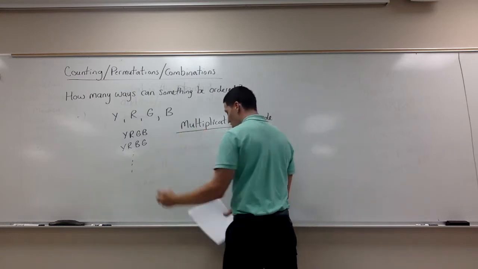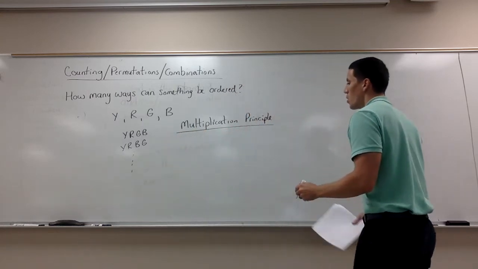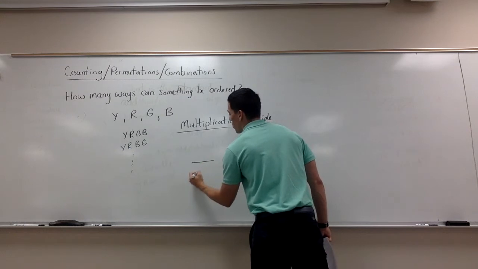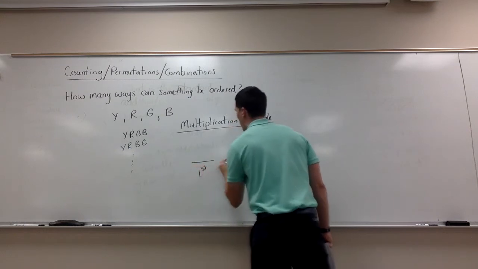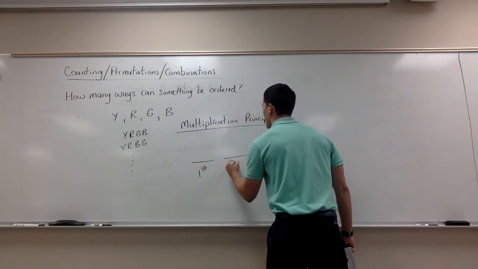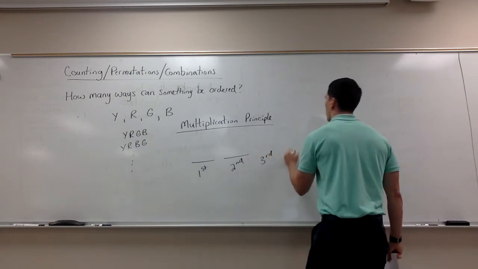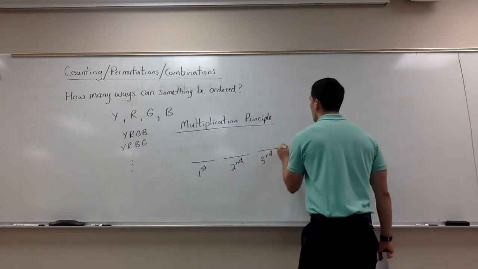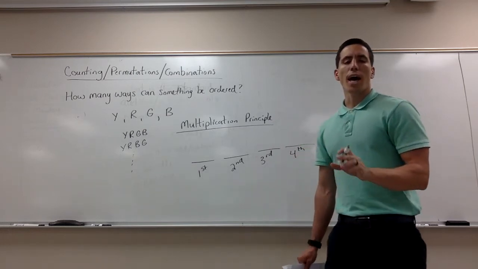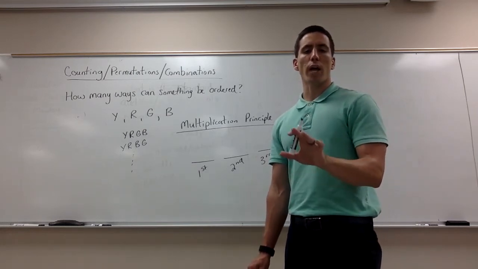And in this application of the multiplication principle, what we're going to do is write out our first tile, our second tile, our third tile, and our fourth tile. And for each of these, we're going to identify how many different choices we have.